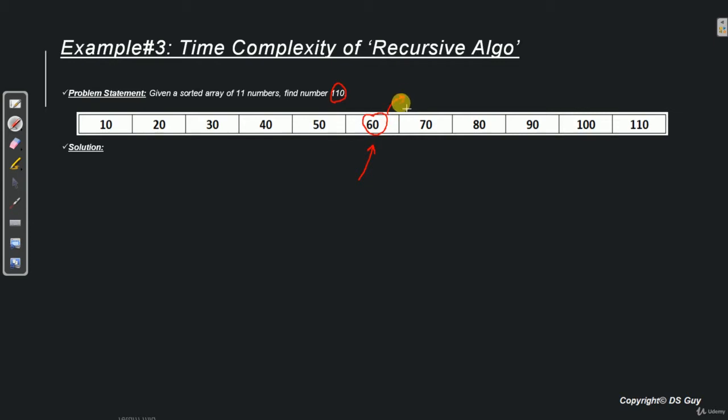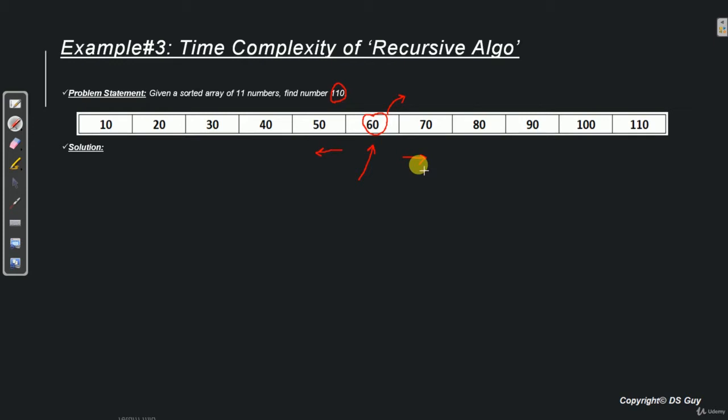Else, if this value is more than the value that we are looking for, in that case we go towards left. Or if the current value of this cell is less than the value that we are looking for, then we have to go to right.